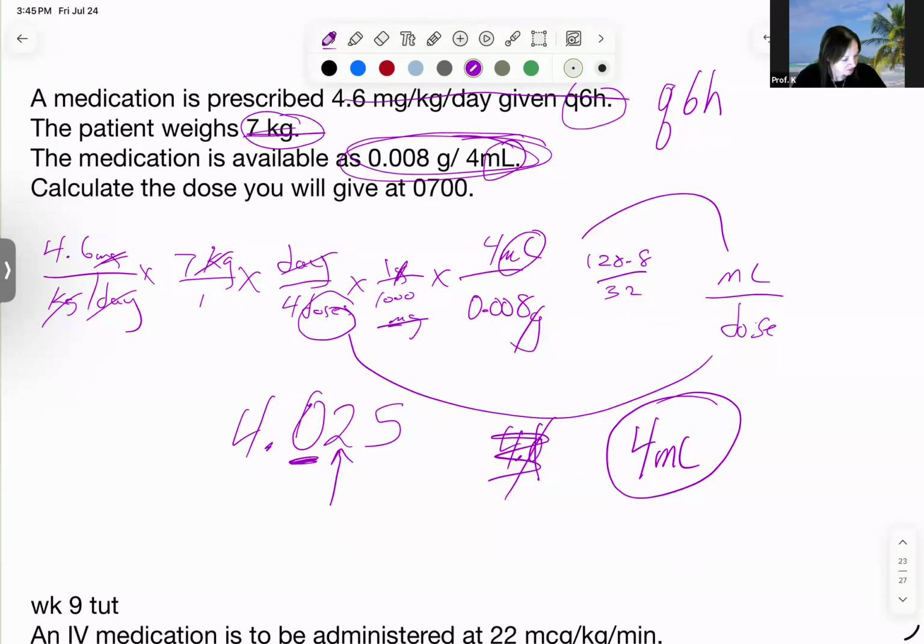Well, let's try it now. So 4 times 100 is 400 times 0.008 is... Oh, it's coming up as 3.2. So maybe when I did the math, it was. Let me just make sure my math is all right. I got the same thing. You got me scared.